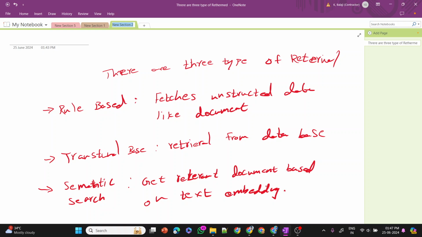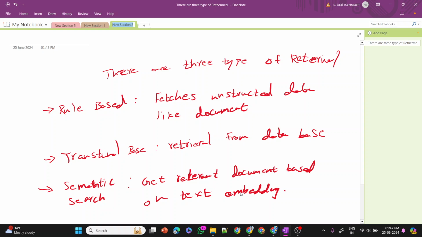The document in rule based is directly given to an LLM model, and from that the LLM will retrieve the data. In this, the data was retrieved directly.